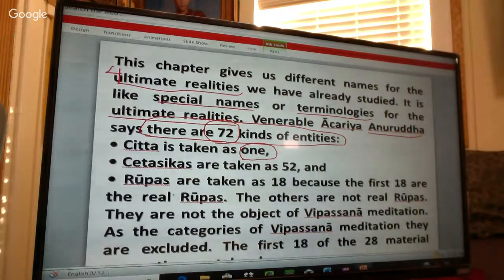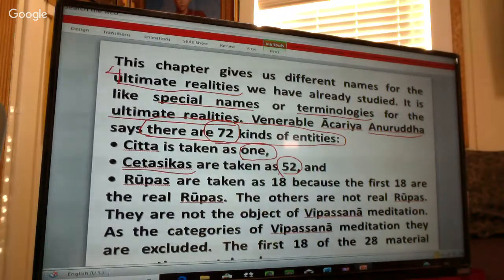And Cetasika, mental factors, are taken as 52, because the 52 kinds of mental factors have different characteristics. Phassa is contact, and then Vedana, feeling. Feeling is an experience of the object, isn't it? The Vedana has a characteristic. That characteristic is experiencing the object. That's why we feel.